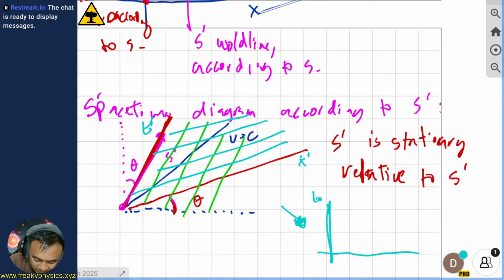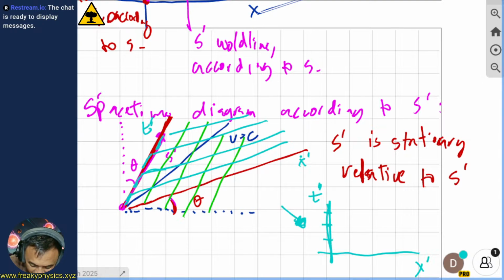So this would be t prime, and this would be x prime. But you will notice something here. What happens to the spacing of t prime because of this angle? It shortens, right? Basically instead of following this, we have to go below this once it gets stretched out like this.